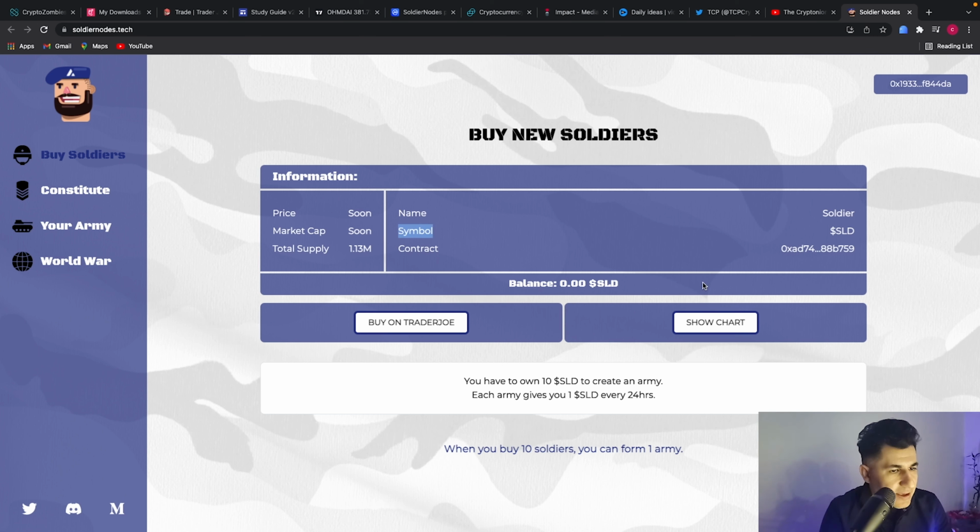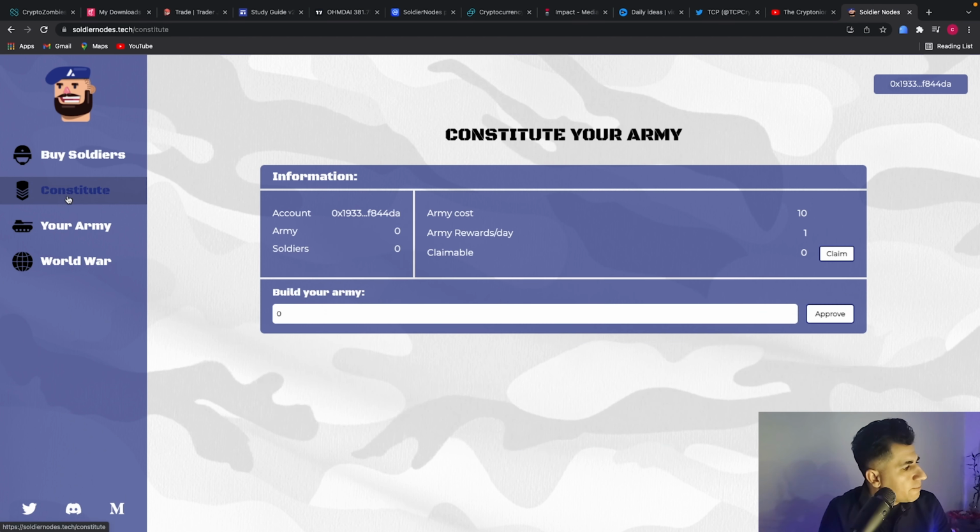All right, let's take a look at where they have "constitute your army." So right now, as you can tell, I have 0 army, 0 soldiers. And again, the whole mechanism is yielding profits of 1 soldier every single day. So basically, you have 1 army, every army is 10 soldiers, and you get 1 soldier every single day.